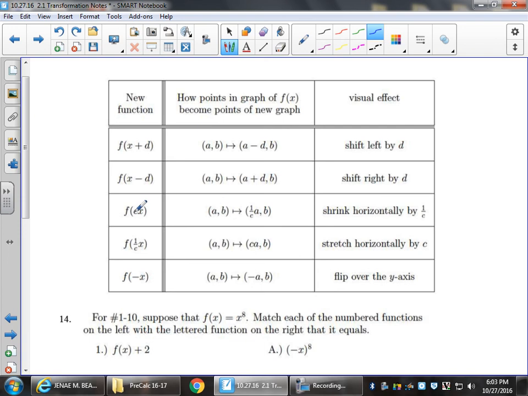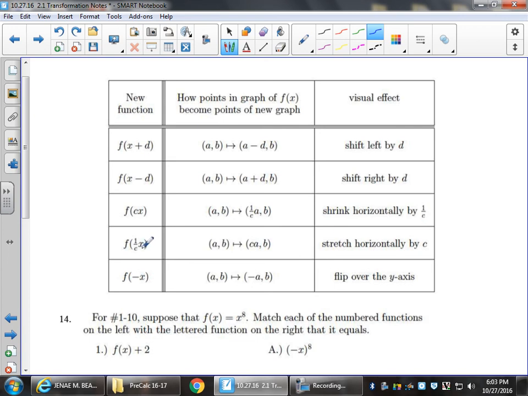So for example, if I had f of 5x, that would be a horizontal shrinking by 1/5. And we'll practice, but right now it matters to me that you understand the language. So f of 5x would be a horizontal shrinking of a factor of 1/5.